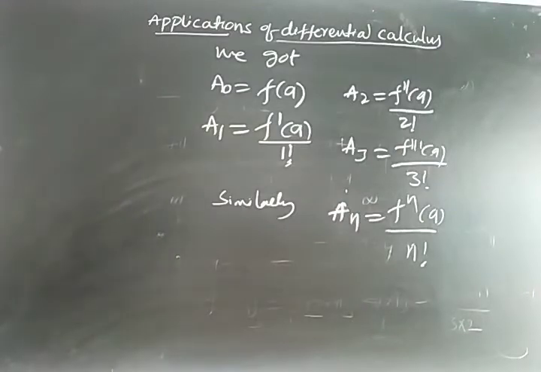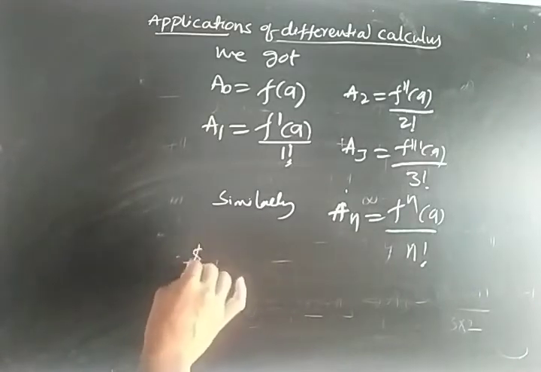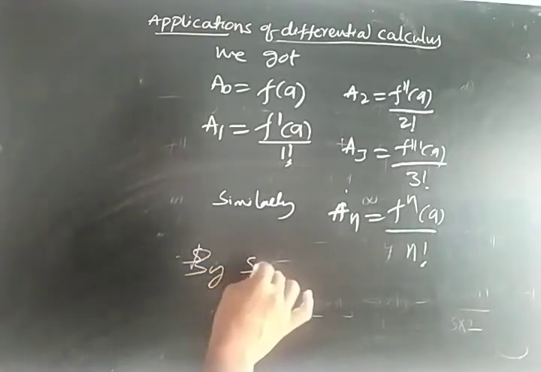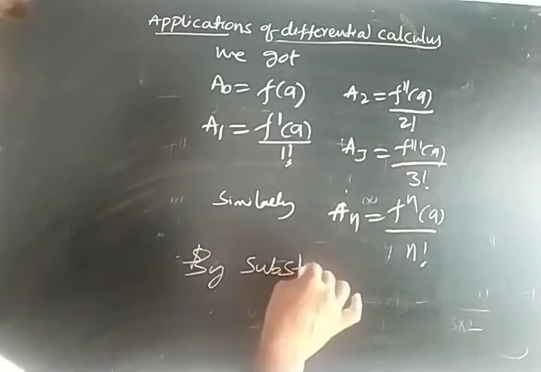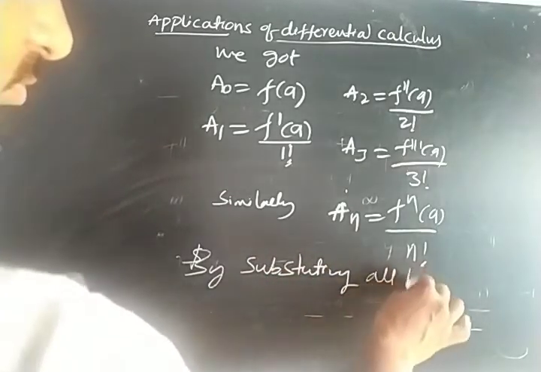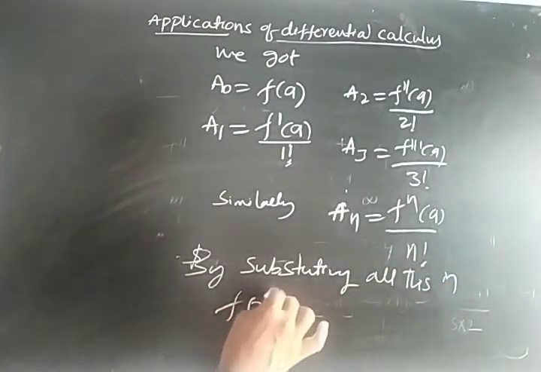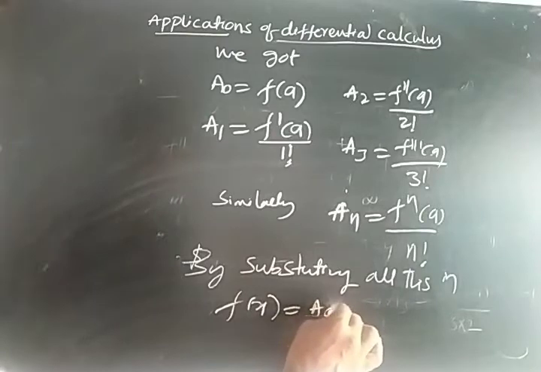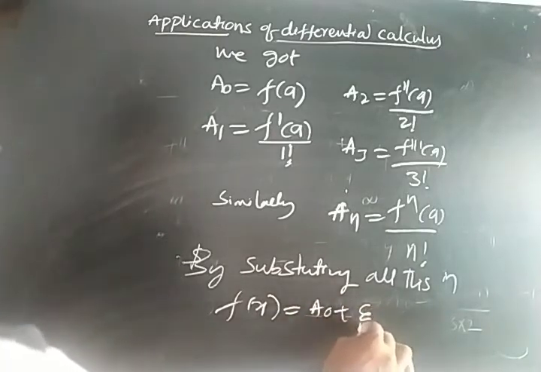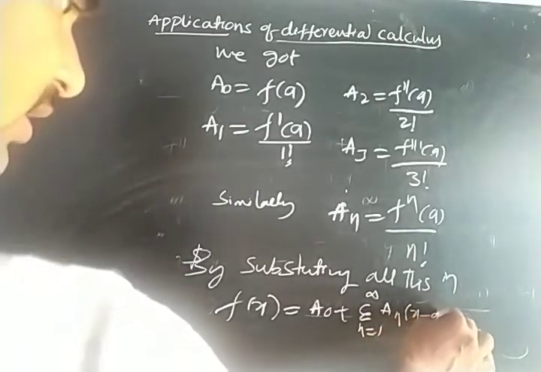So by substituting all this in the expansion, f of x is equal to a0 plus summation n equal to 1 to infinity an into x minus a whole power n.